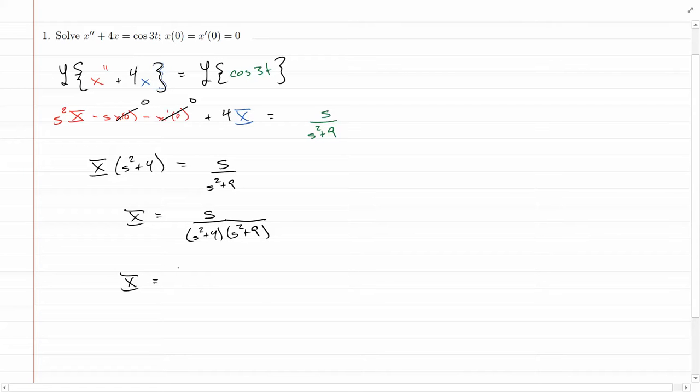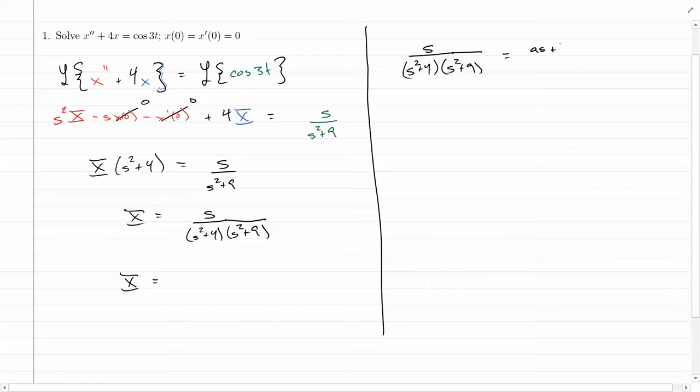Okay, so maybe let's do this off to the side. So s over s squared plus 4 times s squared plus 9 is going to be equal to something over s squared plus 4 plus something over s squared plus 9, and since those are quadratic factors, they're going to have linear tops.